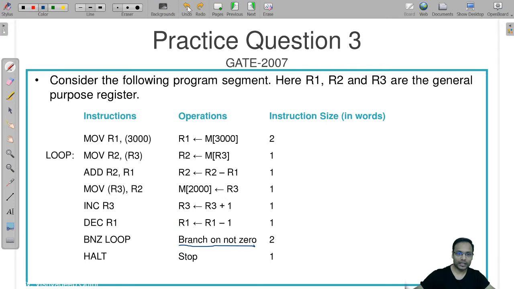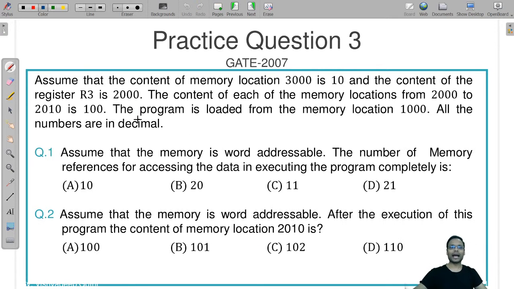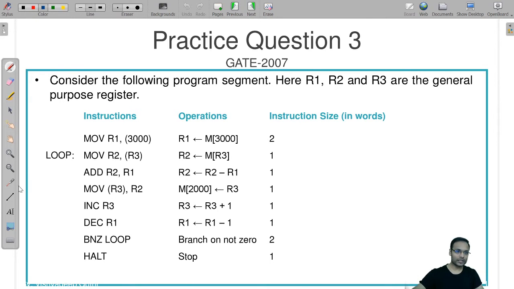Let's go further and read the question completely. Assume that the content of memory location 3000 is 10. I'm writing all these things here so that I can solve the question.